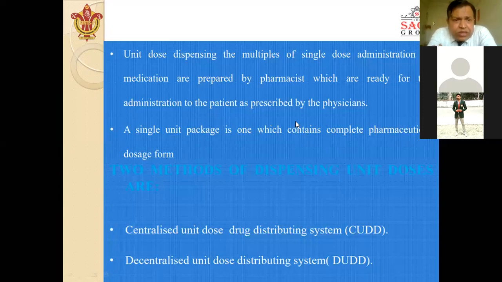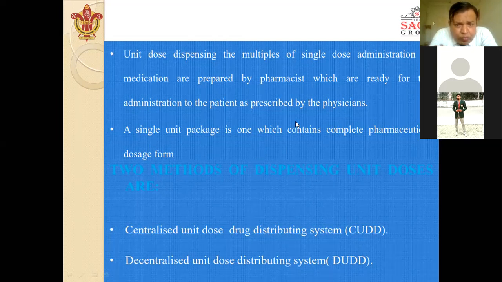Now you can see the unit dose dispensing, the multiple or single dose administration of medication are prepared by pharmacists, which are ready for the administration to the patient as prescribed by the physician. A single unit package is one which contains a complete pharmaceutical dose form for one time.